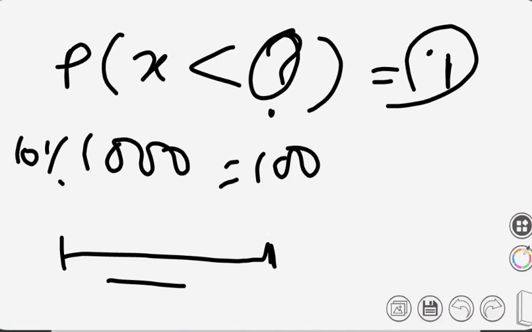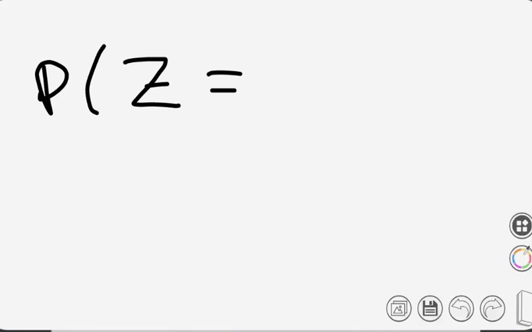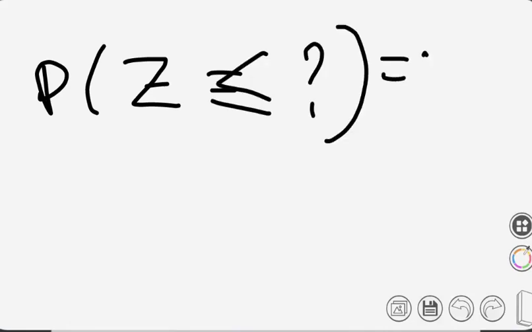So what should be the life so that the probability is 0.1? From the table, find out the value of z for which the probability is 0.1. So probability z less than or equal to some value is equal to 0.1.